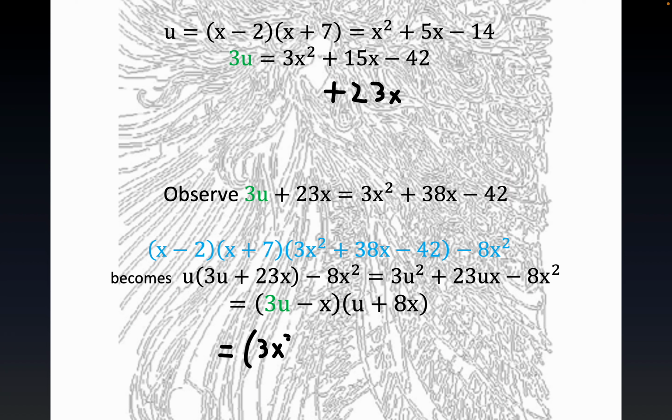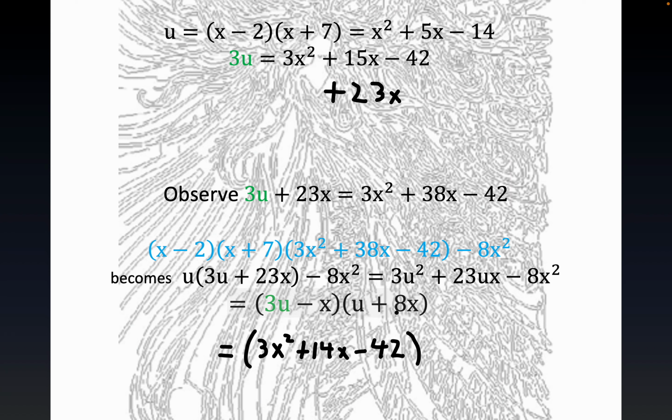And again, we're just subtracting the x from 15x, so you get 3x squared plus 14x. And then we still have the minus 42, right? Okay, so there we go for the first part. In other words, that's exactly what happens. 3u minus x, you just take the like term x away from the like term 15x.